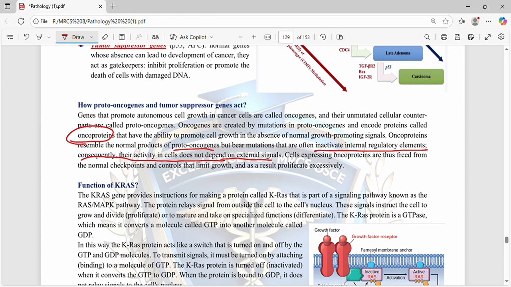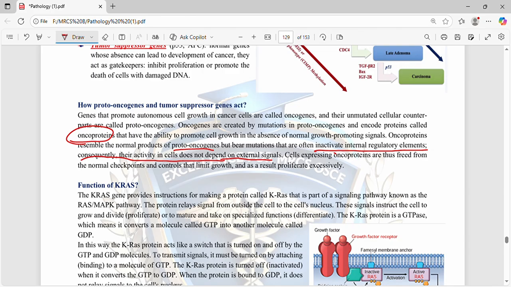Cells expressing oncoproteins are thus freed from the normal checkpoints and controls that limit growth, and as a result proliferate excessively. In a nutshell, oncoproteins have mutations, and they often inactivate the internal regulatory elements in them.